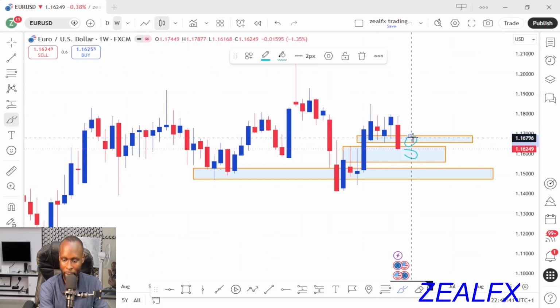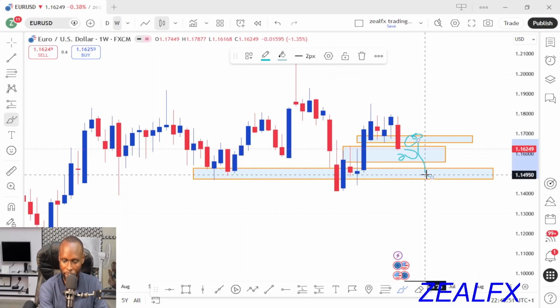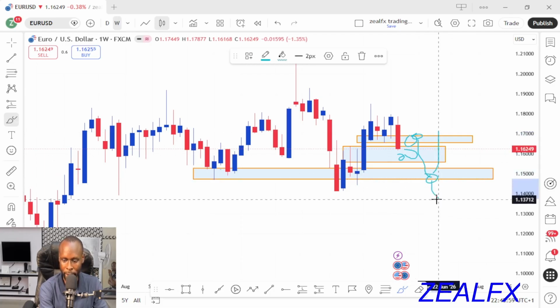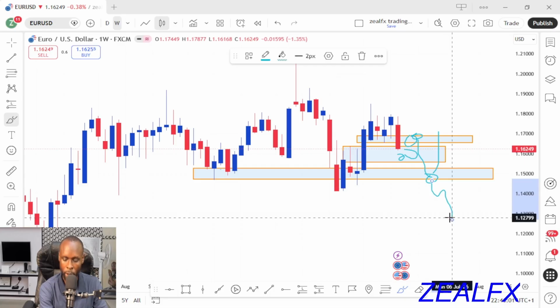So our aim now is to look out for selling opportunity from this resistance zone, but we cannot sell from this support zone. So we have to sell from this level to this next support level for the Euro USD. And if price fails to break this support, it might trigger price back up. But if price breaks this level, we might see more sell for the Euro USD.